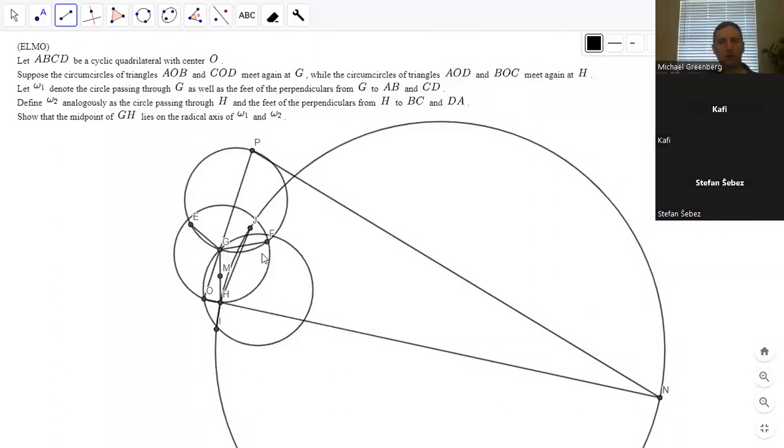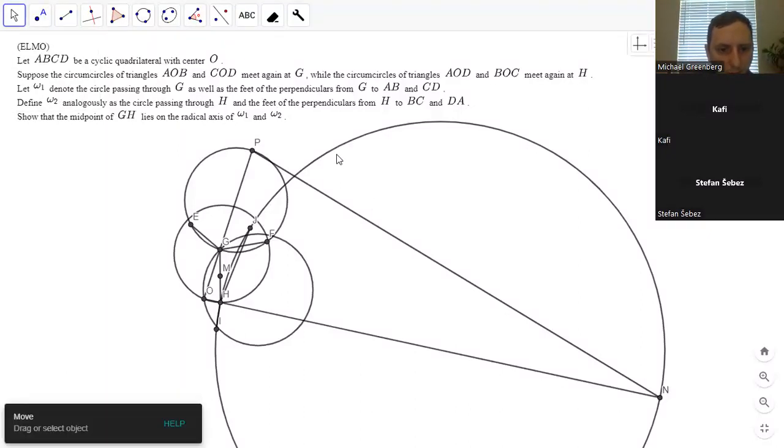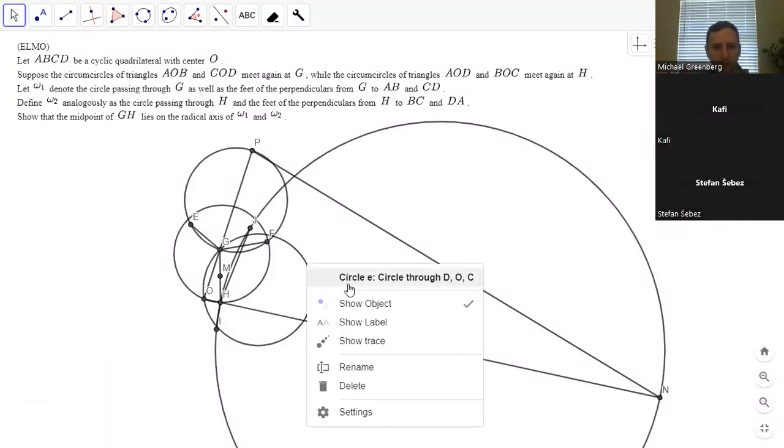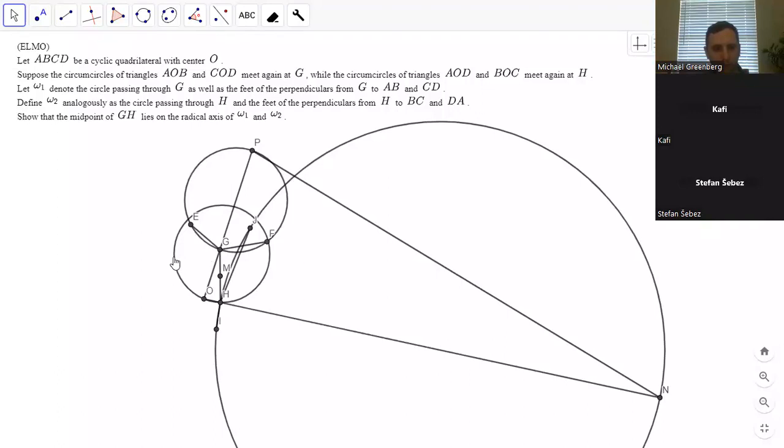So we draw the perpendiculars from G. Okay, so you start with PON, and this was one of the circles, and this was the other circle, right? Those two circles are just the circles with diameters HN and GP. HN and GP. Okay. That's why we don't need basically anything anymore.